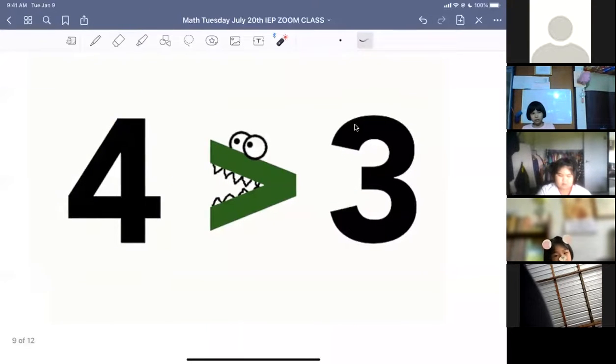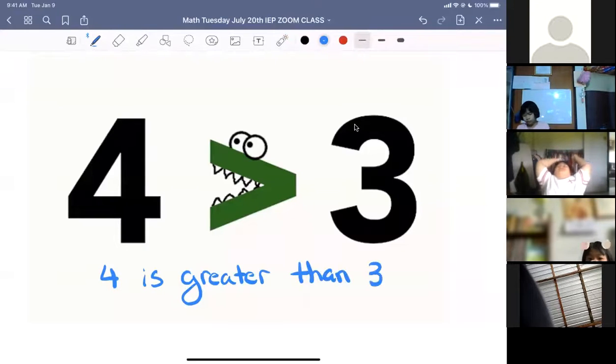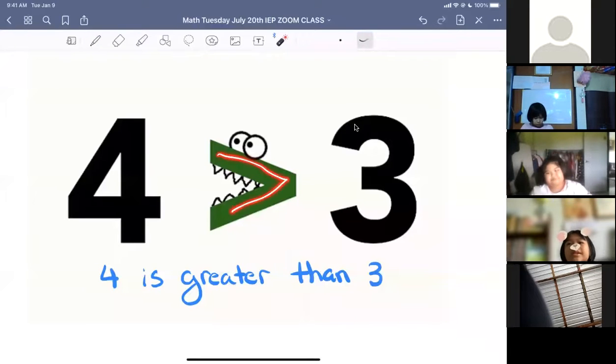All right, so 4 is bigger than 3, right? Or we can say 4 is greater than 3. So we always want to see it like this.